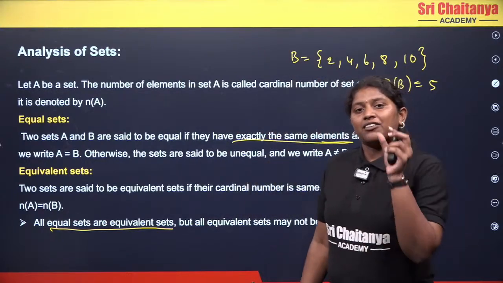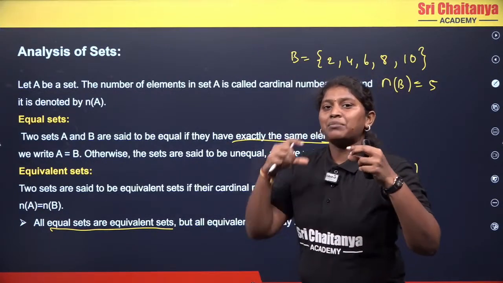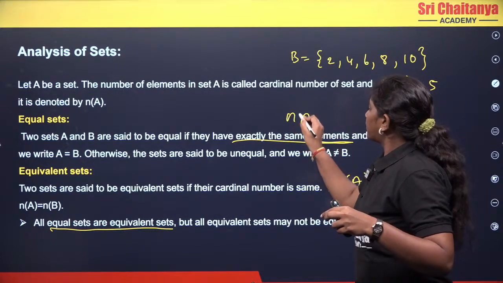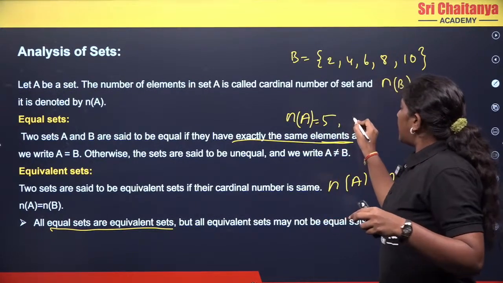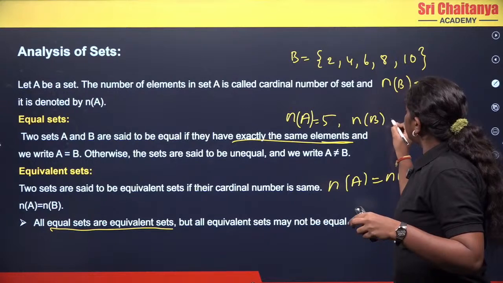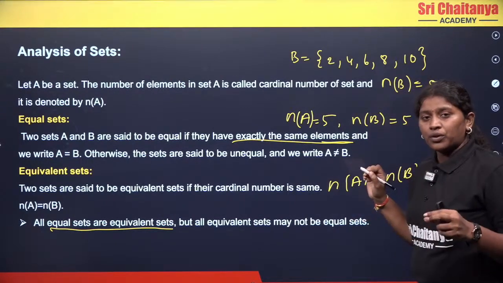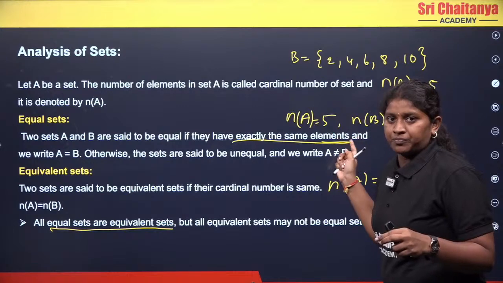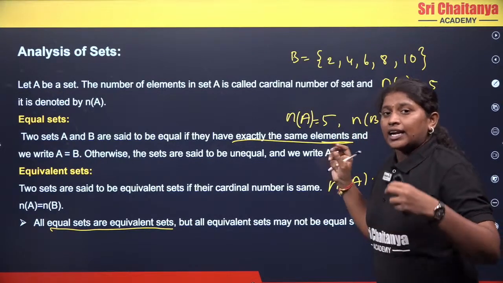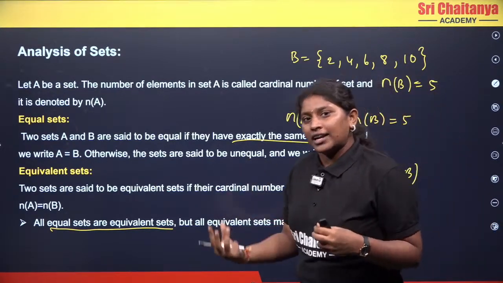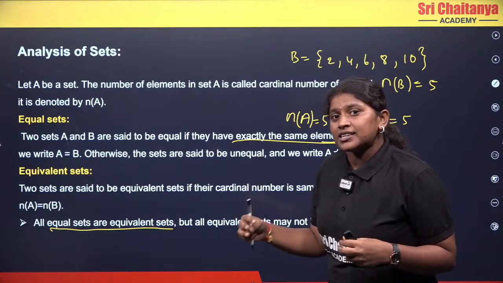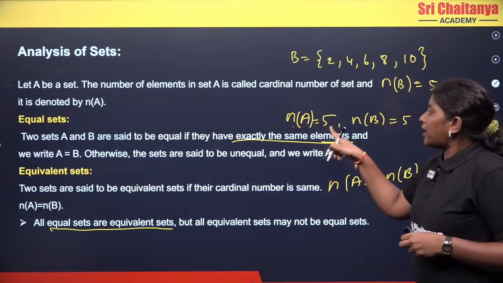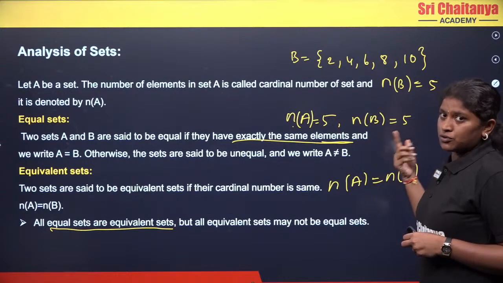Okay. And coming to another important thing, we can consider the equal sets as equivalent sets. Why? Because equal sets means we are having the same elements. For suppose if A is having 5 elements, then B is also having 5 elements. So it means we are having the same cardinal number for A and B. So we can say that equal sets are equivalent sets, but equivalent sets are not equal sets. Why? Because just consider n of A equals to 5 and n of B equals to 5.